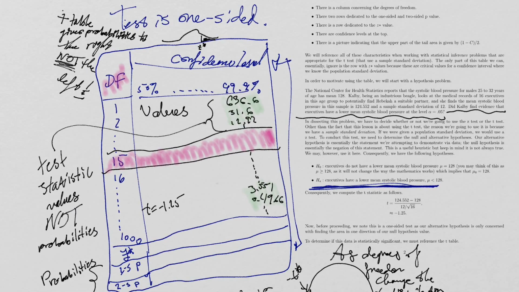And all values for t are positive. So we've got a lot going on. But really what it's boiling down to is we're just going to use the table differently. We just have to read the table.